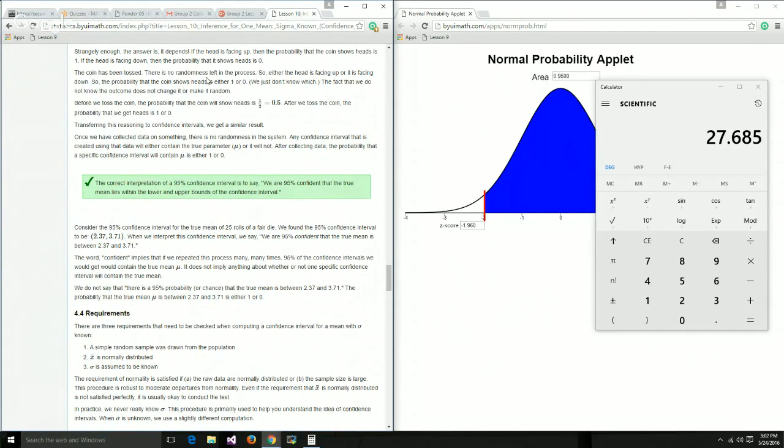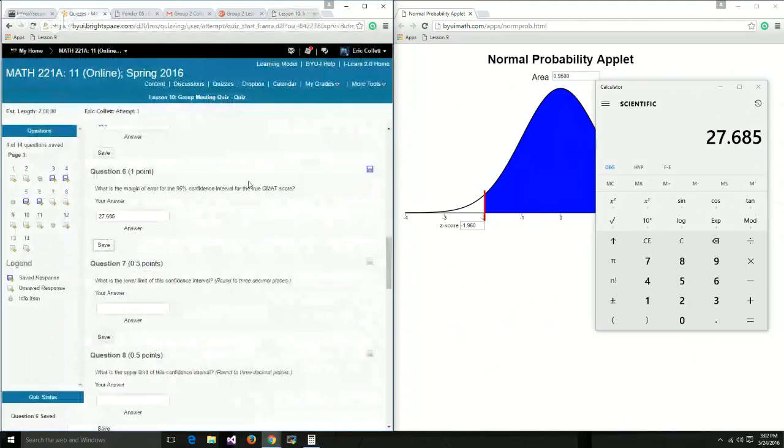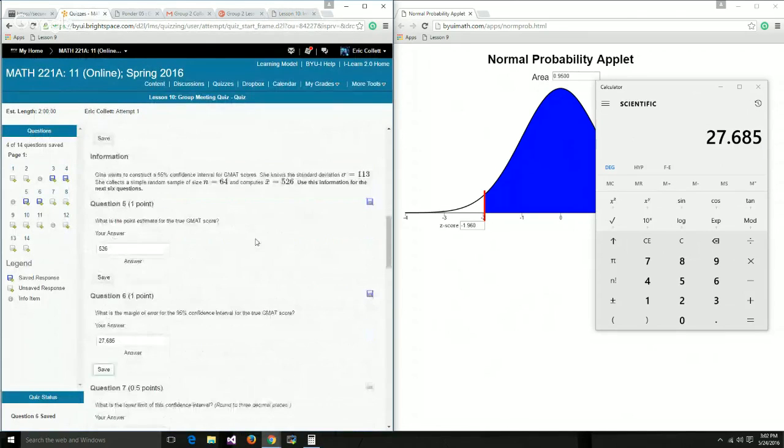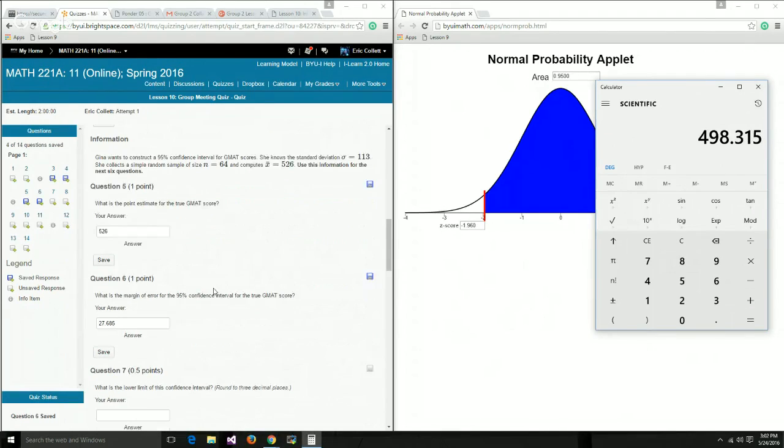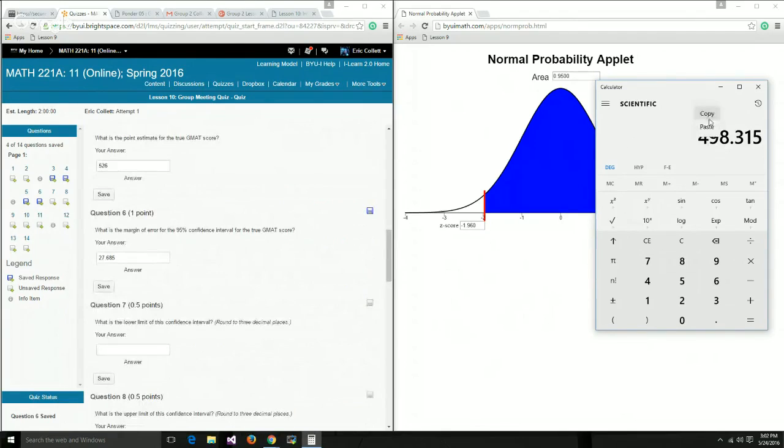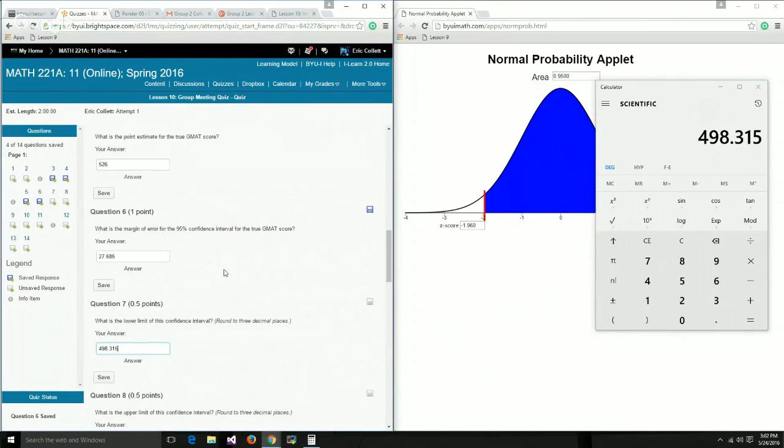We do the number minus this margin of error. Yep, 526 minus this number, and we get 498.315.